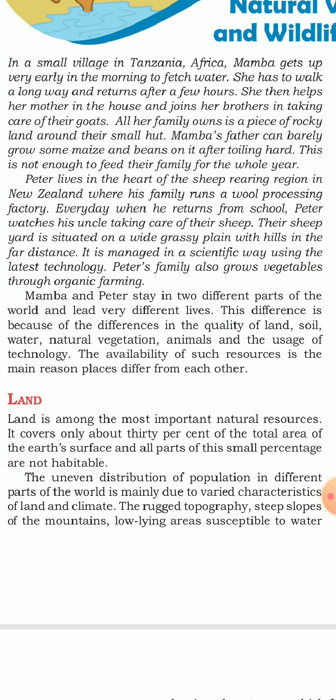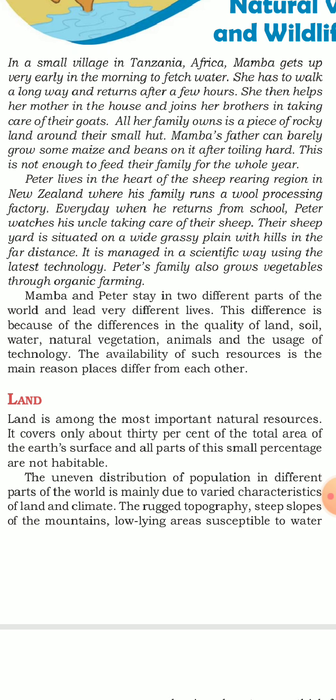So, the reason behind uneven distribution of population in different parts of the world is mainly due to varied characteristics of land and climate. Areas which are normally sparsely populated or uninhabited have rugged topography.